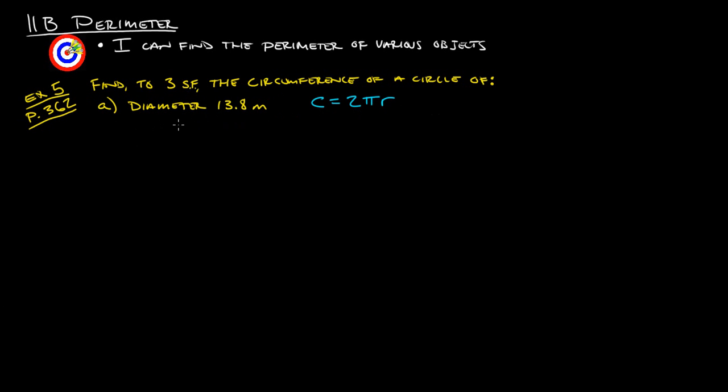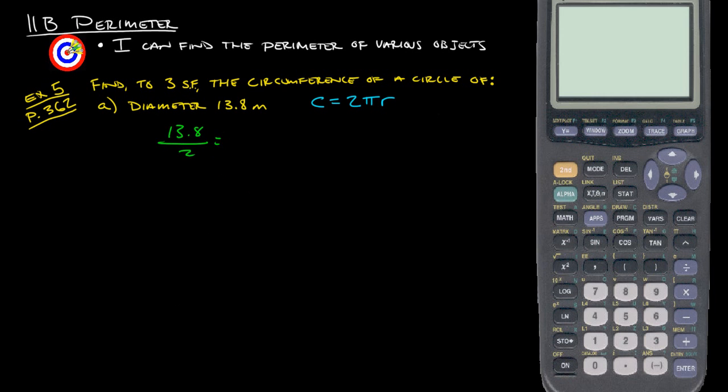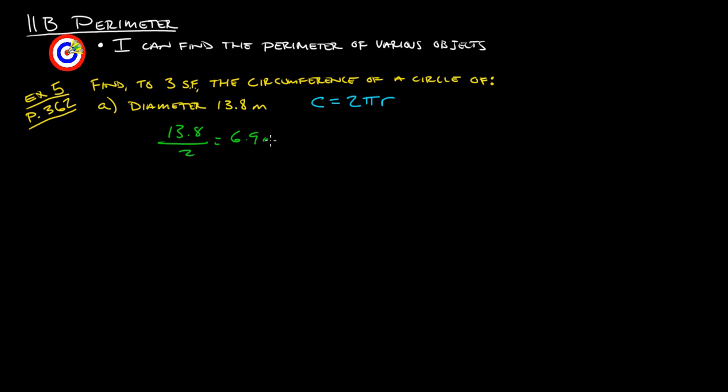Hopefully you remember that the radius is half the diameter, so 13.8 divided by 2 gives us 6.9 meters. So to find the circumference, we'll do C equals 2 times pi times 6.9.